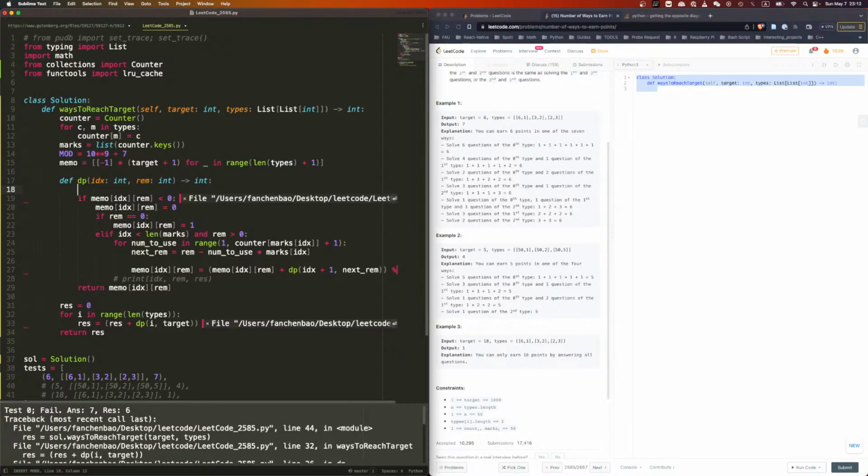And if index... What happened? Index and remaining.